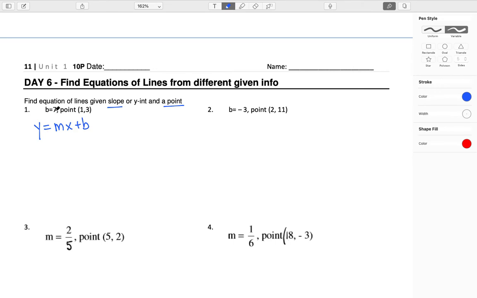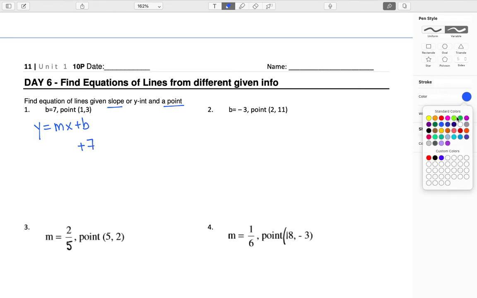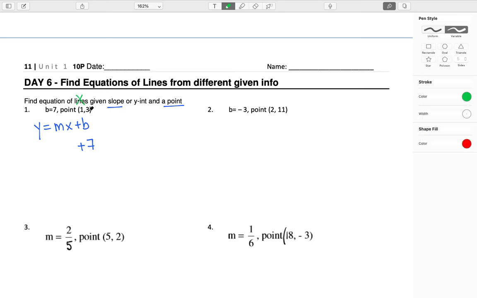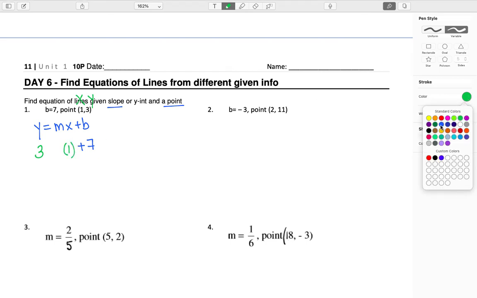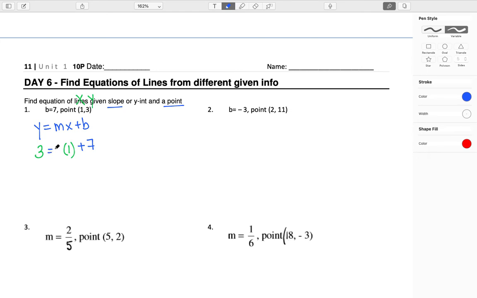It looks like my y-intercept is 7, so I'm going to plug in 7. And when you're given a point, the point is (1, 3), where 1 represents x and 3 represents y. So I'm going to plug in the point, which is y is 3 and x is 1. And 3 is equal to m times 1 plus 7.